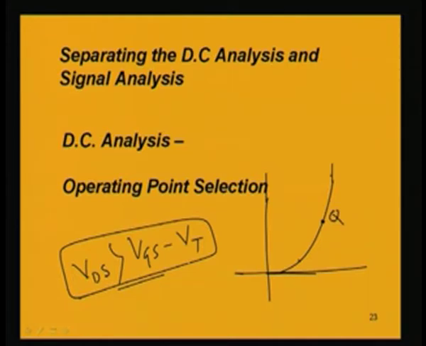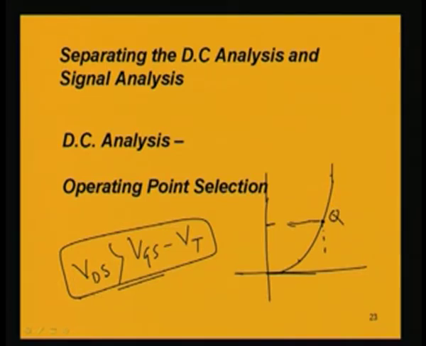So, we must first of all fix the operating point properly, and for that we must bias the circuit properly, because if it is not located properly, at any point when the signal is applied, the gate to source voltage may not be sufficient to make this whole quantity less than the drain to source voltage.